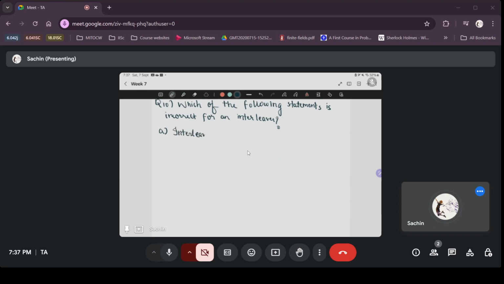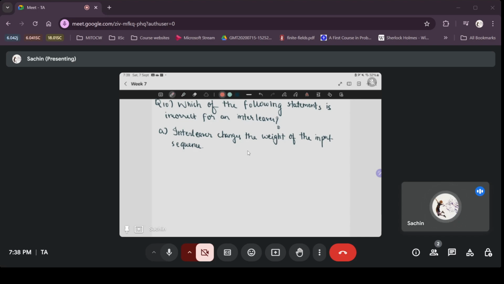Interleaver changes the weight of the input sequence. We saw an example of what an interleaver does. It only repositions the ones and zeros. So the number of ones in the information sequence doesn't change at all. So the weight of the input sequence also doesn't change.